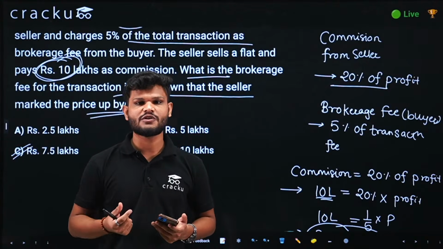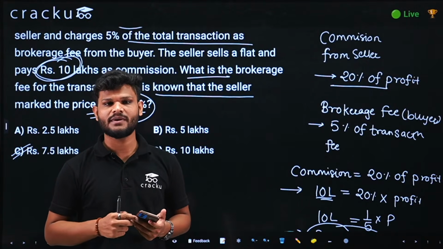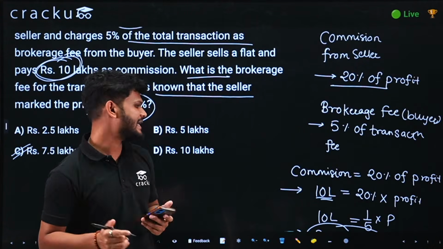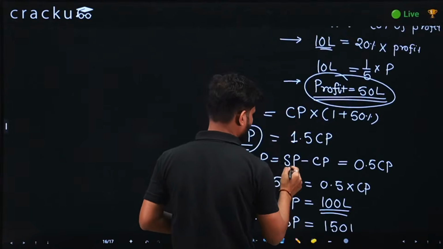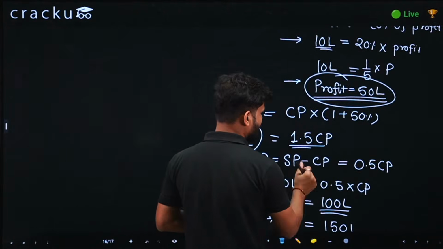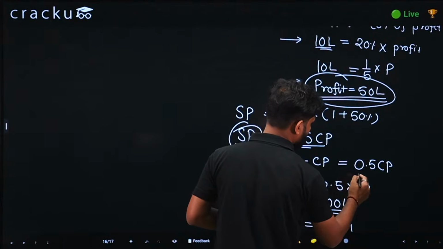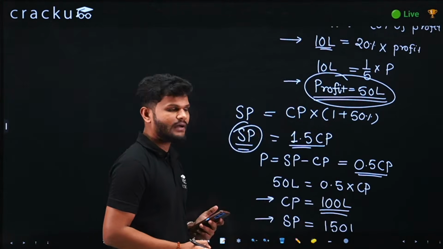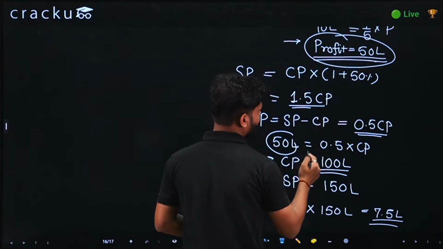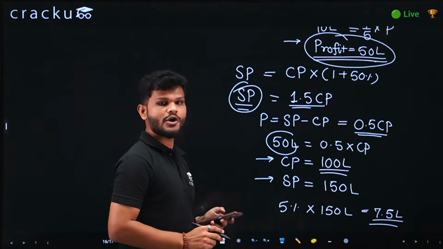So 50% of cost price is 0.5 CP. 0.5 CP plus CP will be equal to selling price. So it became 1.5 CP. Now what is the profit? Profit is SP minus CP, which became 0.5 cost price. What was the profit? It was 50 lakh. 50 lakh equal to 0.5 into cost price.